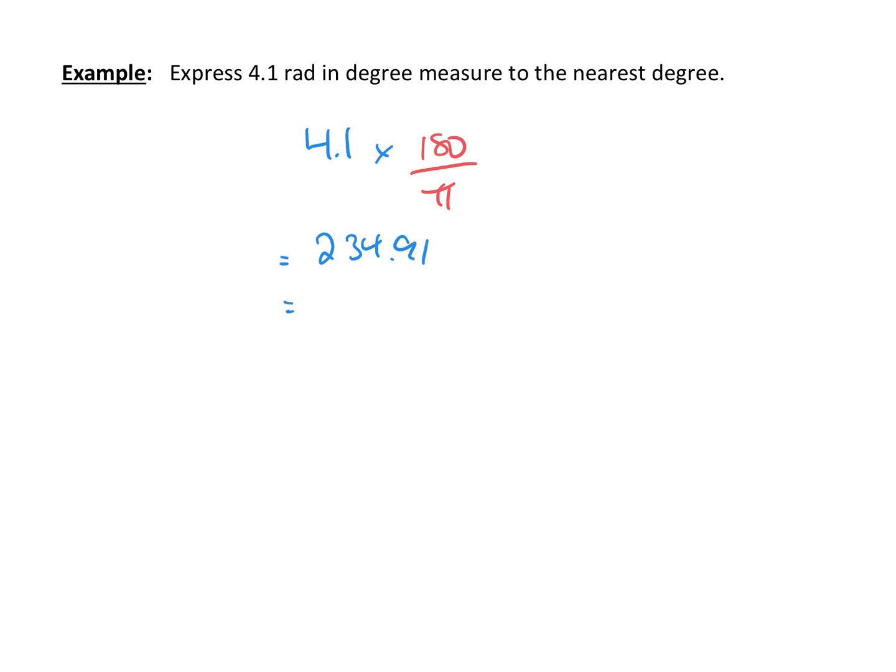If we round that to the nearest whole degree, we get 235 degrees. If it's in radians and the radians don't include pi, then we multiply by 180 over pi, substituting in pi, and it gives us the measure of the angle in degrees.